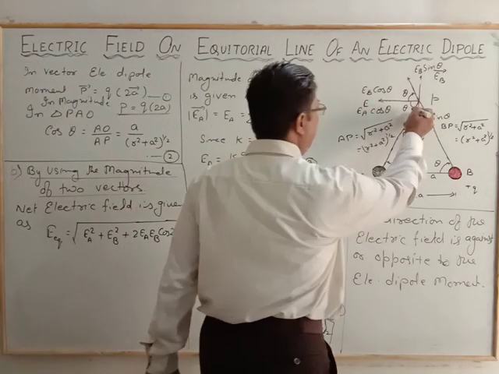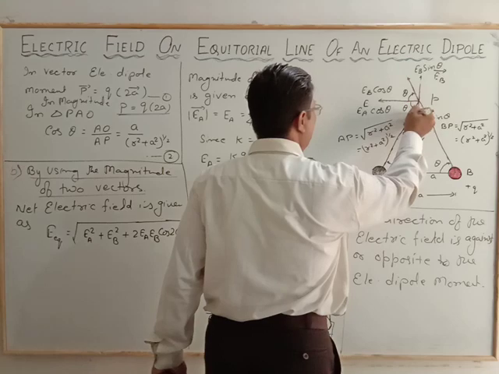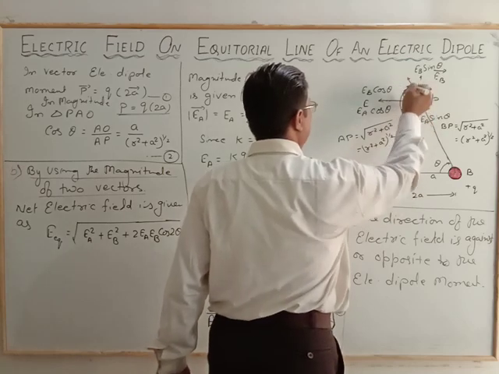That 2 theta is from here to here, the angle between the two vectors is 2 theta.